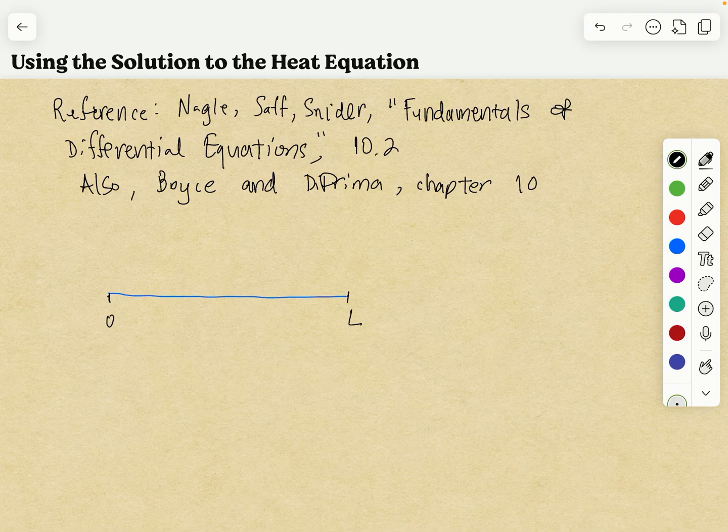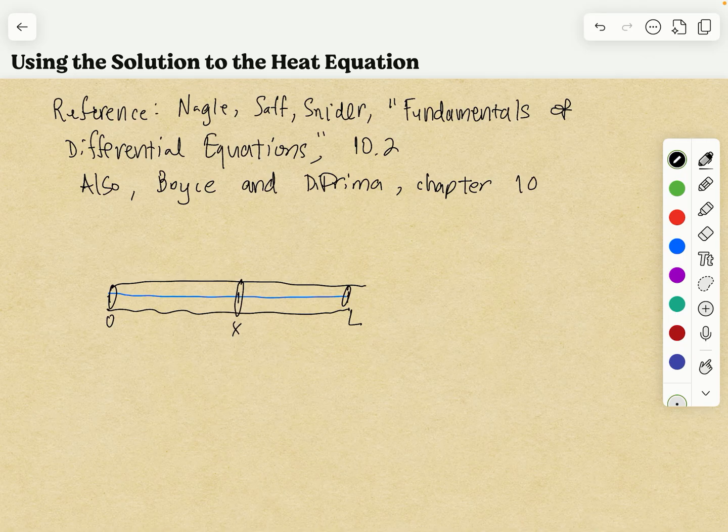So in reality, you're going to have something like this. And it's possible that at x equals this value, you have this cross-section, and maybe in this cross-section, the temperature is different depending on which point you're at. We're not going to worry about that.